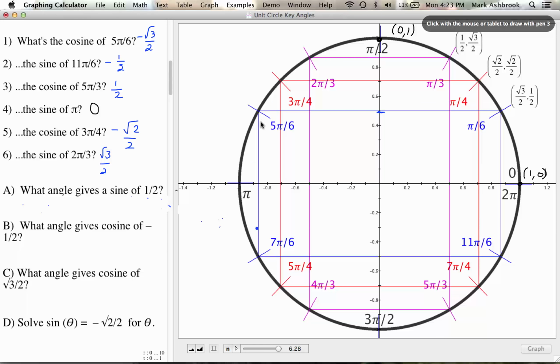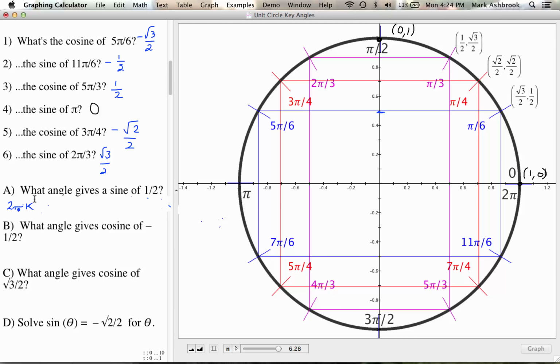But if we think about it, if we rotate a full angle of 2 pi and then add another pi over 6 to that, that likewise would have a sine of 1/2, or 2 pi plus 5 pi over 6 would also have a sine of 1/2. So really, we want any number of rotations.